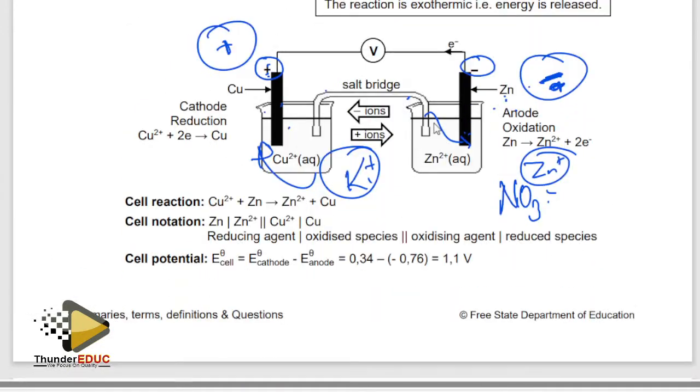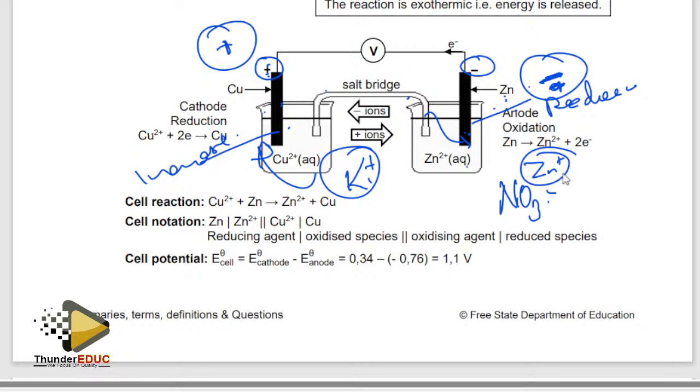Yes, but because now this is dissolving into ions, while this one is not, it means that this one is going to reduce in size, while this one is going to increase in size. You understand?